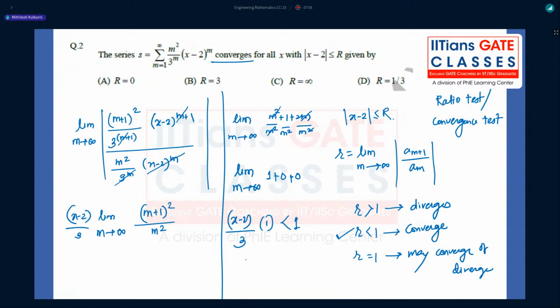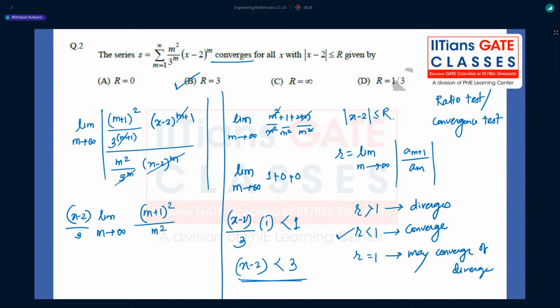Hence you can say x minus 2 should be less than 3 in order to get the series to converge. Hence here option B is correct, that is r equal to 3. I hope it is clarified. I'm considering the case of r less than 1 because that is the only case where we will have definite convergence.